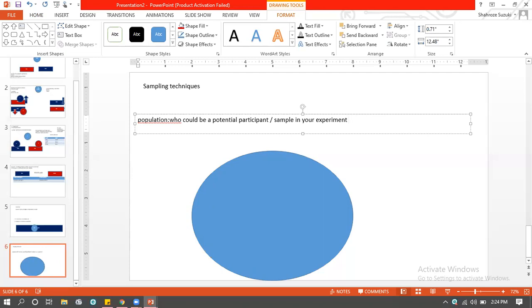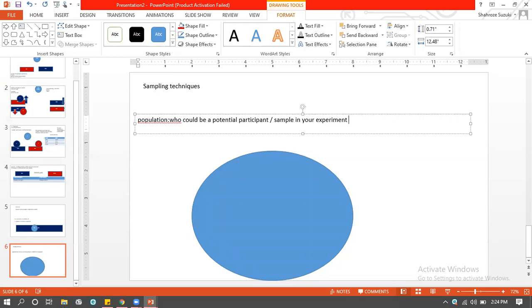For example, if I do my study on transgender people, right? Now, I research on transgender people. I want to know the depression in transgender individuals. Obviously, I will not take everyone in the entire world because that would include males and females, not only transgenders. So in psychology, population doesn't mean everyone in the world.